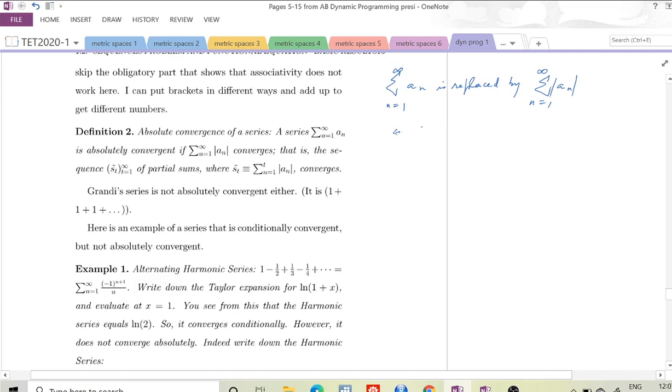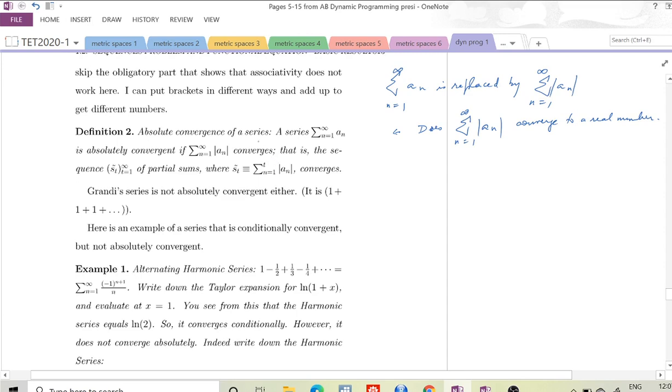So does the summation of absolute a_n converge to a real number? Yeah. If not, then we saw that it diverges or converges to infinity. Here, in the way that this definition is stated, convergence is to a real number.